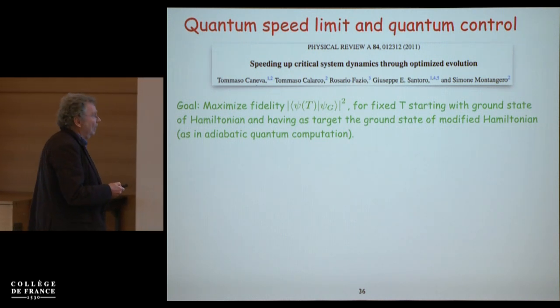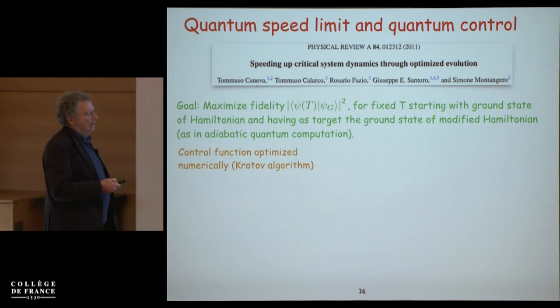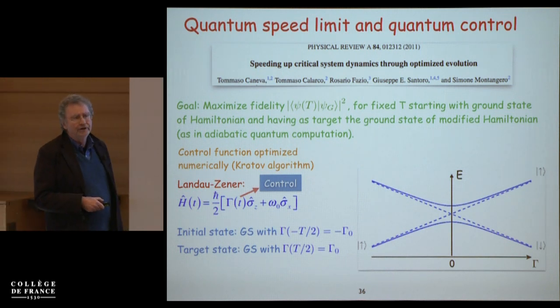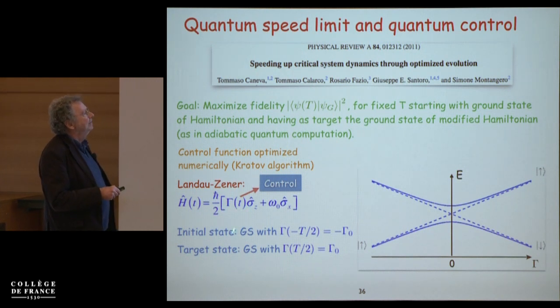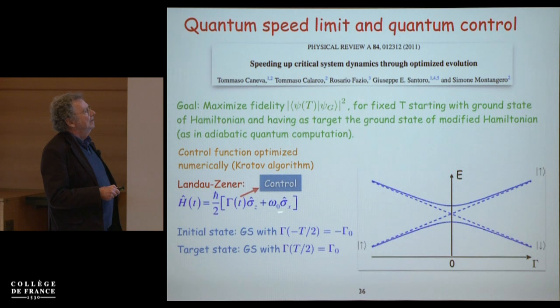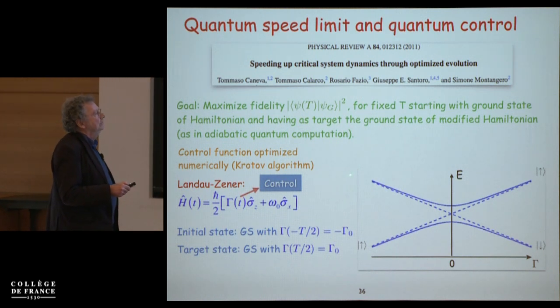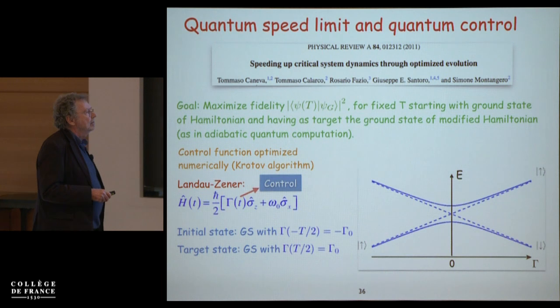Now, what they do is actually a numerical approach, and they consider this example here, which is called the Landau-Zener Hamiltonian, a spin interacting, say, with a time-dependent magnetic field along the z direction, and also with some other magnetic field along the x direction. These are the energy levels for this Hamiltonian as a function of gamma.